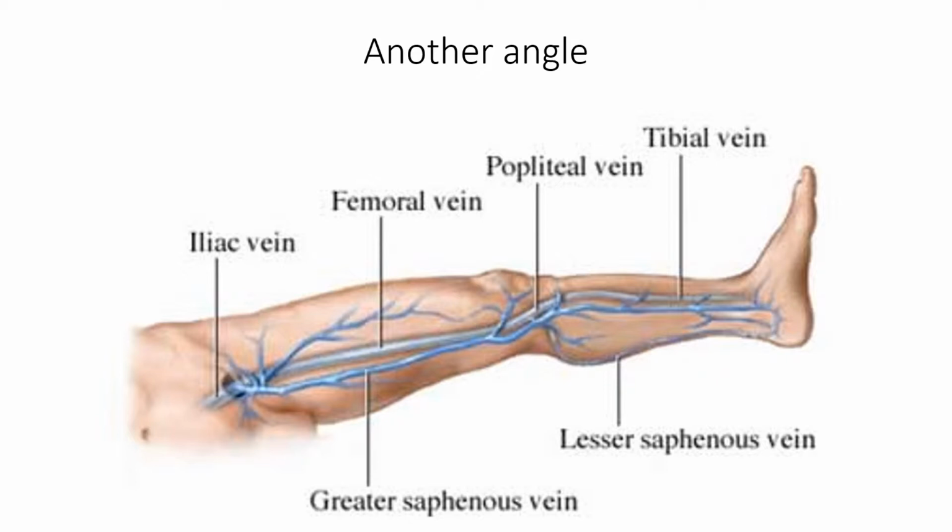You've got the femoral vein, carrying a lot of blood, with a wide diameter. Then the popliteal vein and the tibial vein. These are going to go up towards the heart, returning the deoxygenated blood.